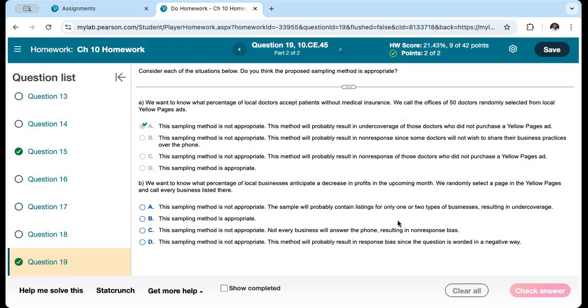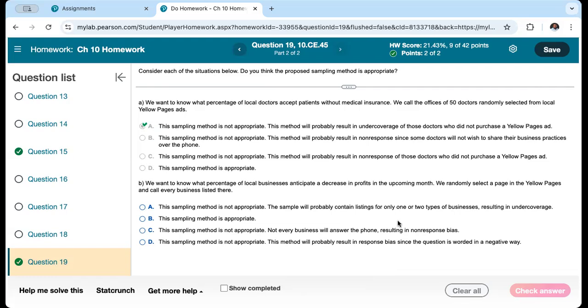Okay. Anybody else? Anybody else wants to try? Okay. Why do you think it's A? I think it's similar to the first question, where this sample is going to result in the undercoverage.